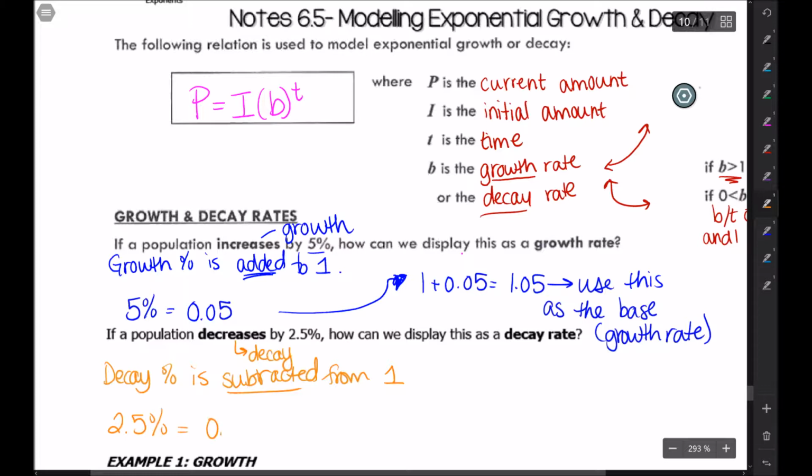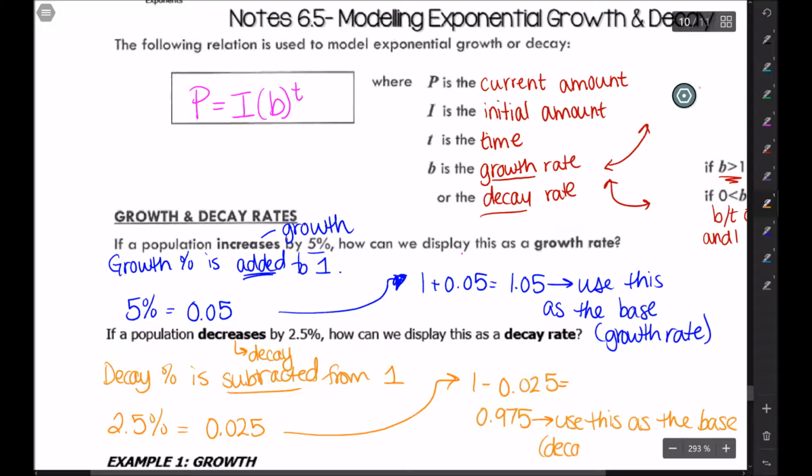So 2.5% is 0.025. So we are going to do 1 minus 0.025. So we end up getting 0.975 if I were to type that into my calculator. So we're going to use this as the base here. And this right here represents the decay rate.